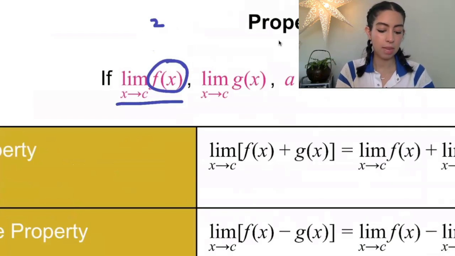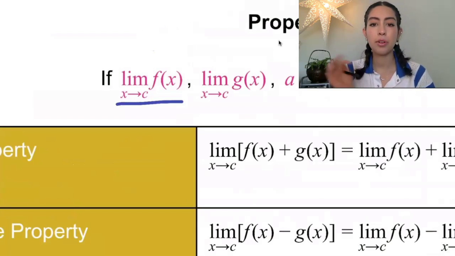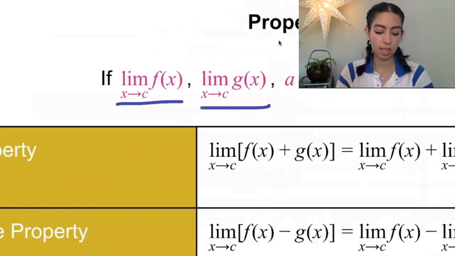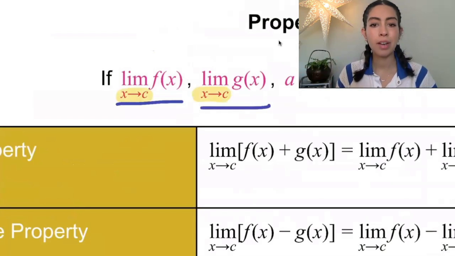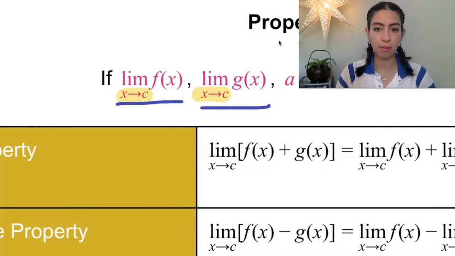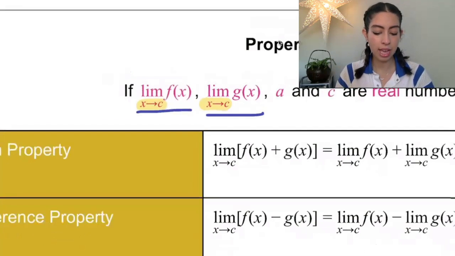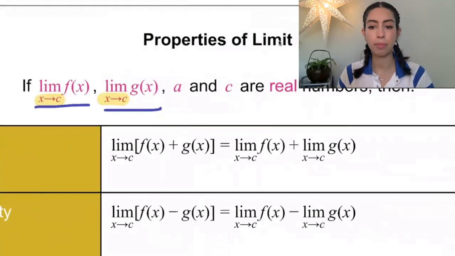So the limit as x approaches c of f of x, and then we're going to have another function, g of x. But notice that we have the same approach value. So x is approaching the same value, c. And that's important when it comes to applying these properties. The approaching values have to be the same. And then we have a and c, which are real numbers.